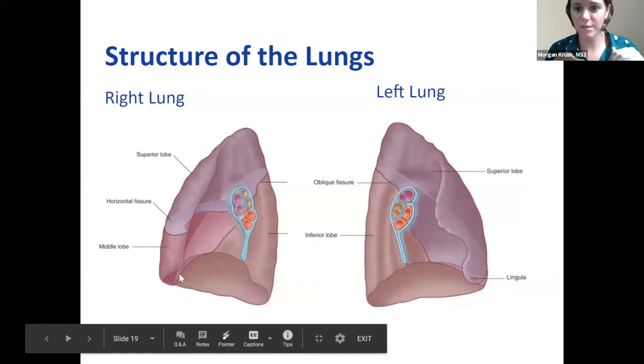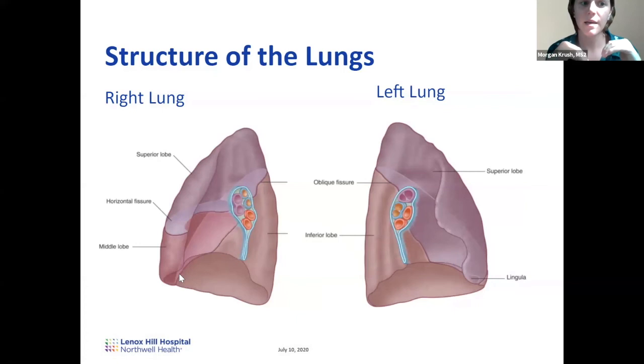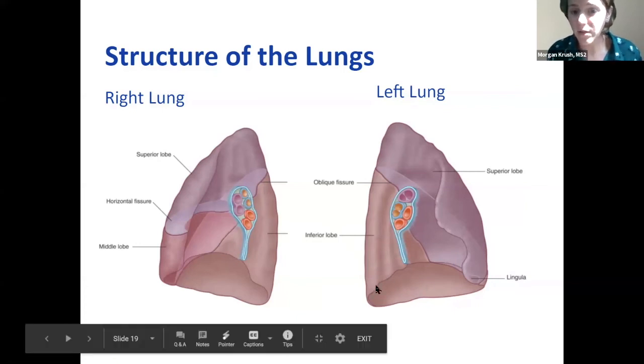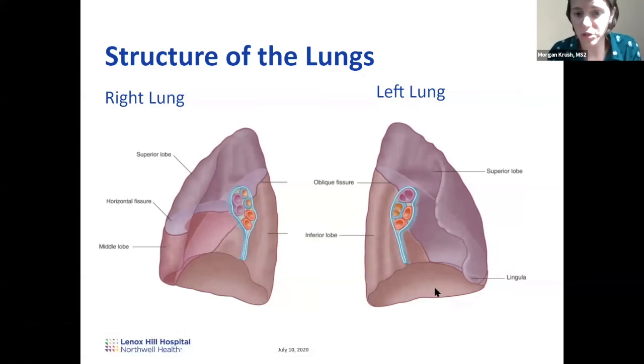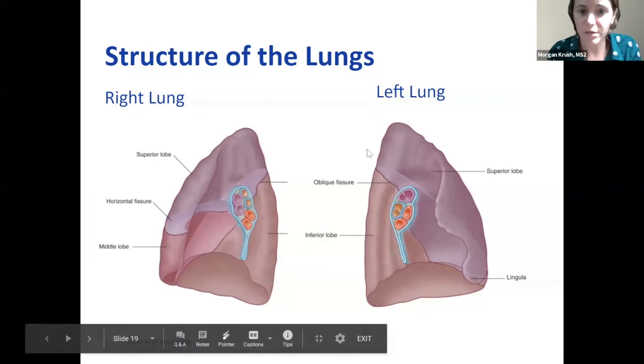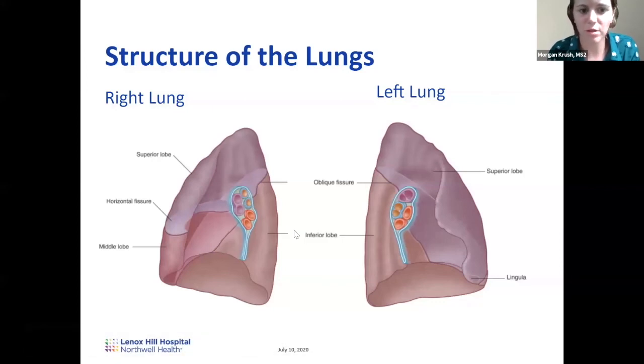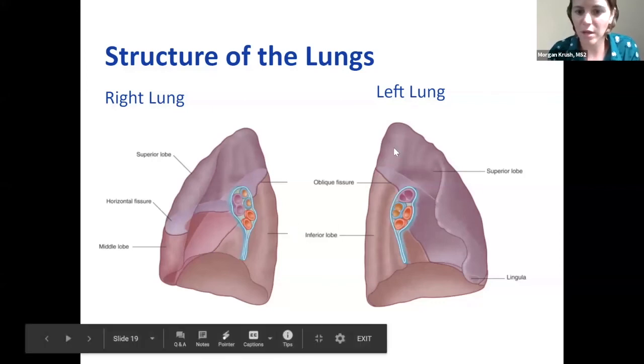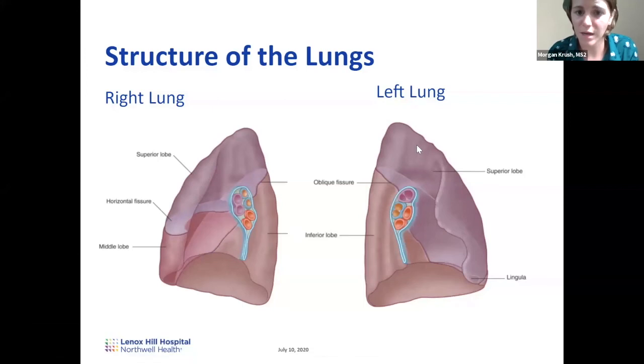Like Brian was talking about, it's kind of ballooning upwards, so you can see the concave surface of the bottom of the lung. That's how you can tell that it's the inferior portion. The inferior portion of the lung is called the base, and the superior portion, which is here, is called the apex. So just general anatomical terms: if someone's looking at the apex of the lung, they're looking more superiorly, toward the cervical area of the lung.